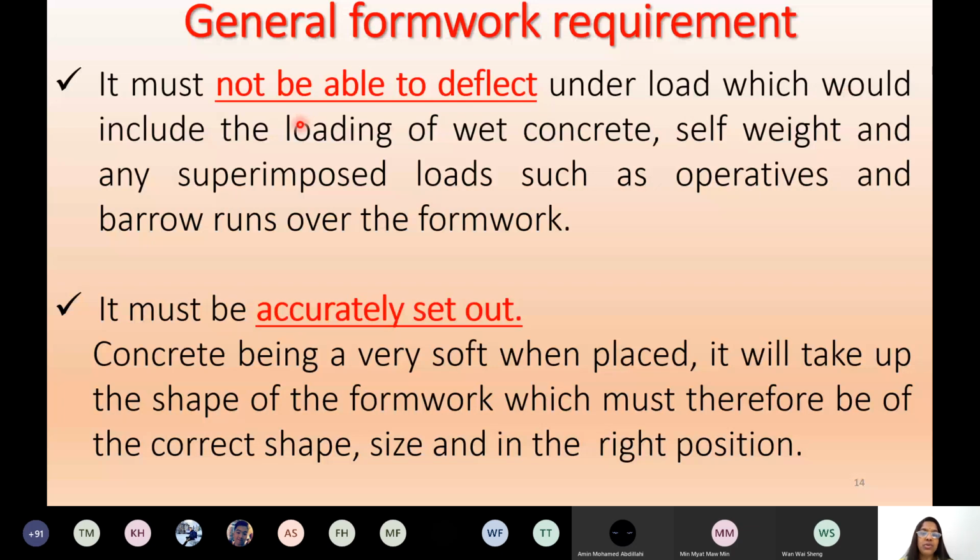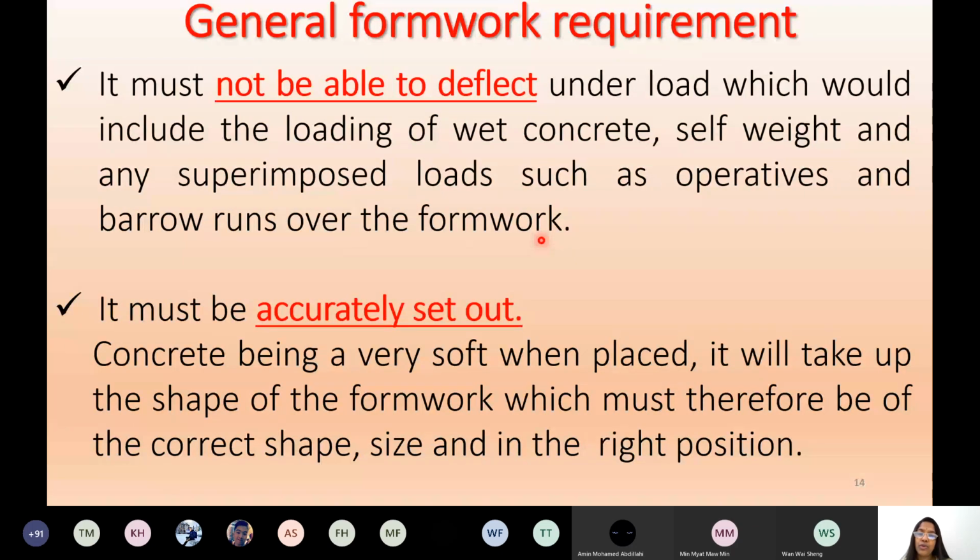Under load, which would include the loading of wet concrete, self-weight, and any superimposed loads such as operatives and barrow runs over the formwork. If the concreting is manual, people are standing, equally spaced, at intervals, throwing the pans for the concreting.